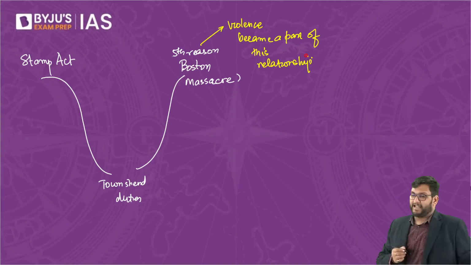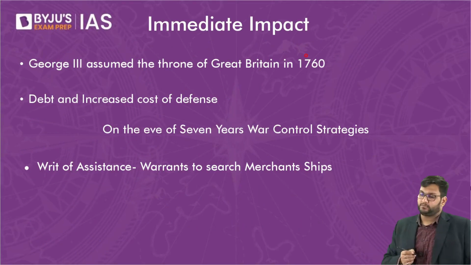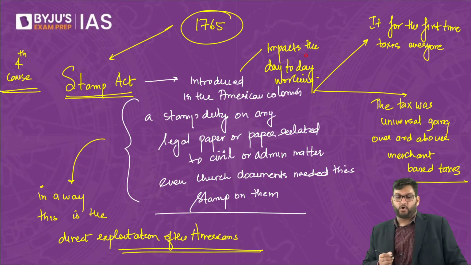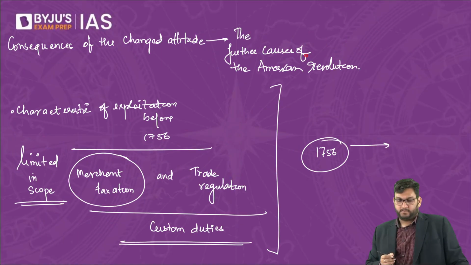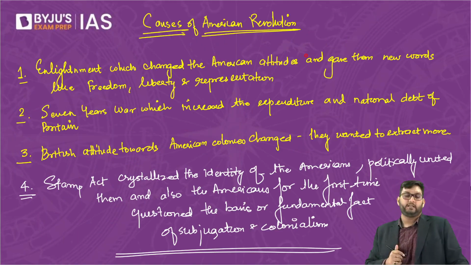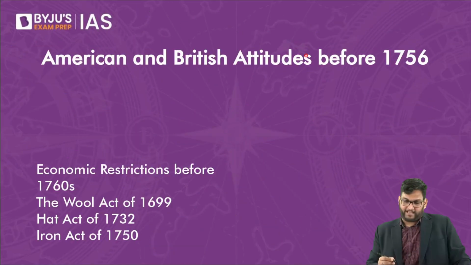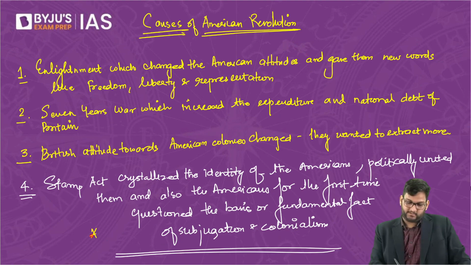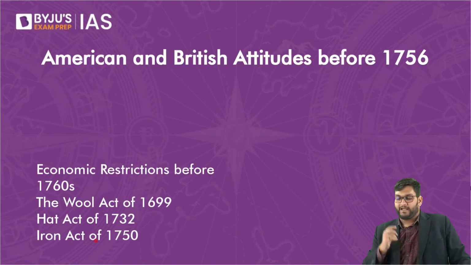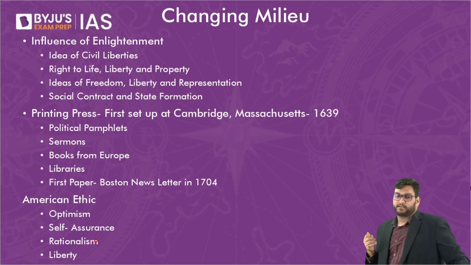So in this slide in which we have written down the causes, 4 causes were written. The fifth would be the Boston Massacre. So I am putting an asterisk here, and the story is picked up from here.